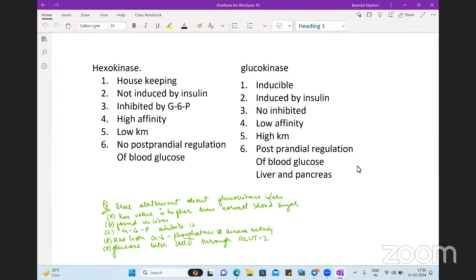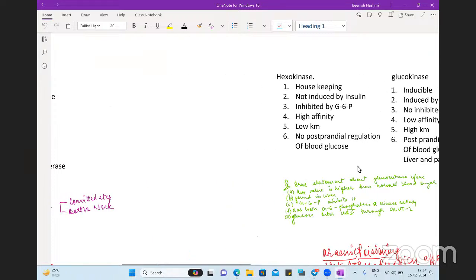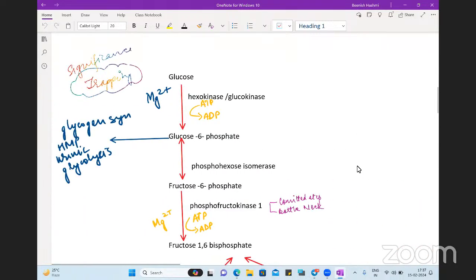It is activated only when there is a large amount of glucose in flux. So it shows postprandial regulation, whereas hexokinase does not. And glucokinase is present in liver and pancreas only. And obviously, if an enzyme has a high affinity for a substrate, it has low Km. What Km is, is your homework if you do not know. So this was briefly about the two enzymes.